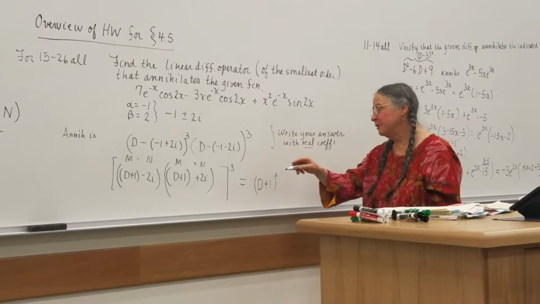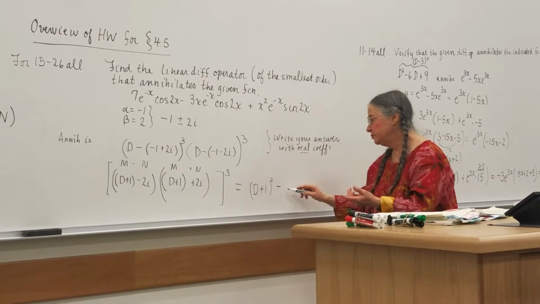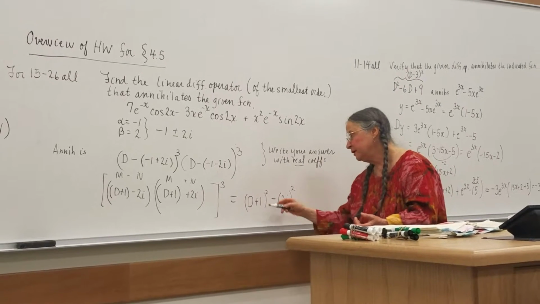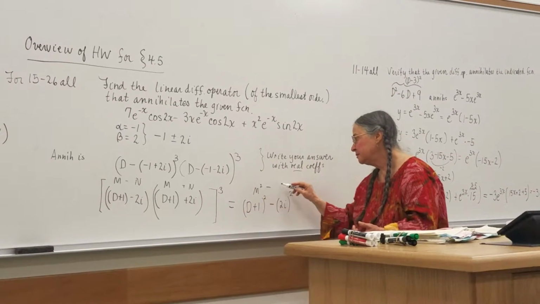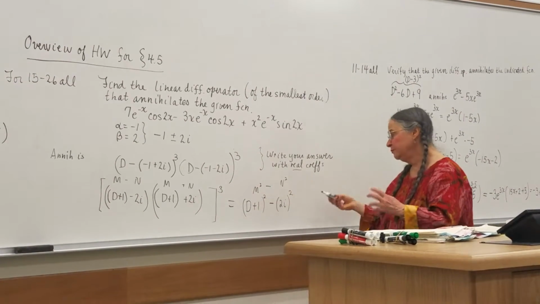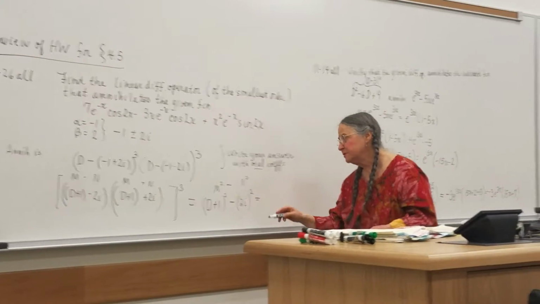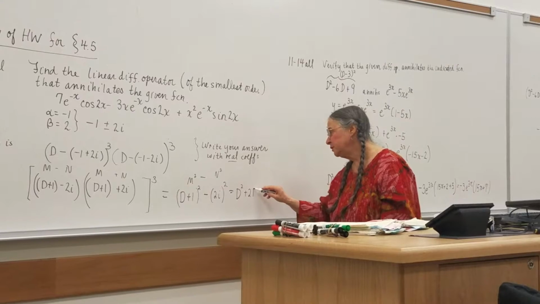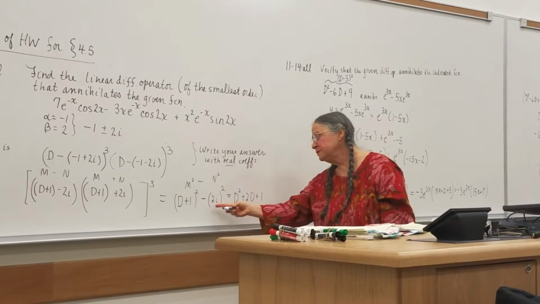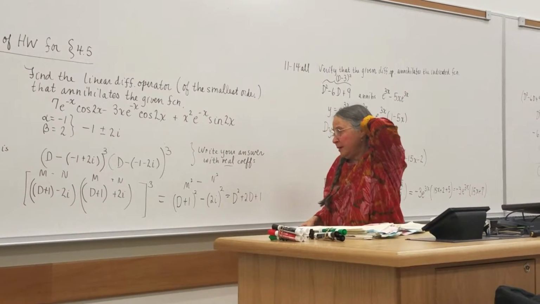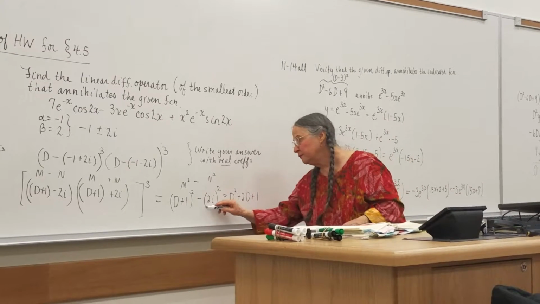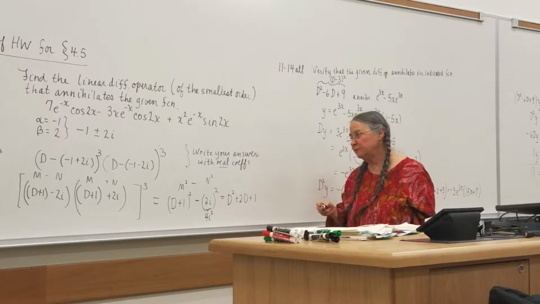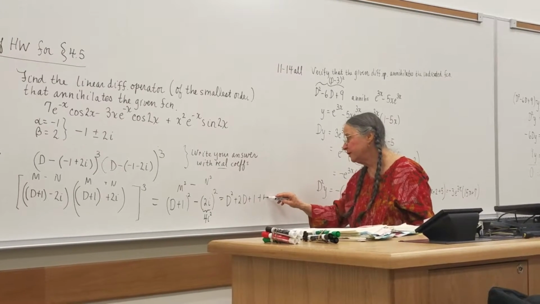This is a perfect square, so you get D squared plus 2D plus 1, minus 4i squared, and i squared is minus 1, so you get a plus 4 there.